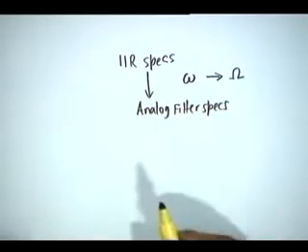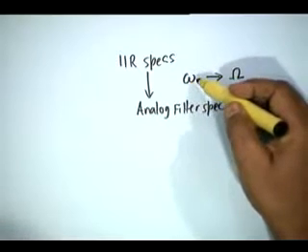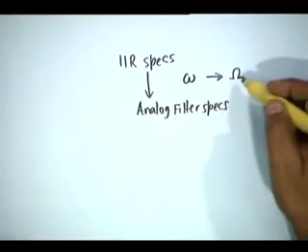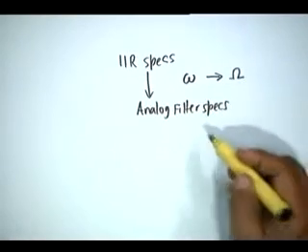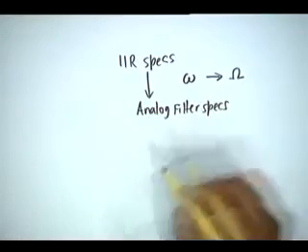Use a transformation from the normalized digital domain small omega to the analog frequency domain capital omega, then you get the corresponding analog filter specs.